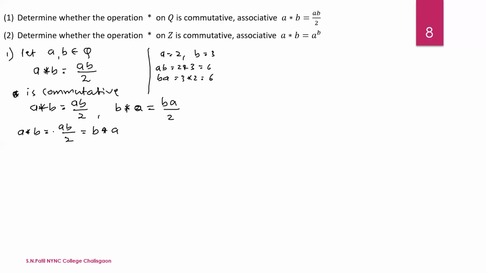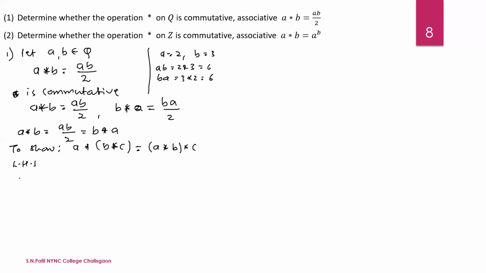Next, associative: we show the binary operation star is associative. To show A star (B star C) is the same as (A star B) star C, first we take the LHS.